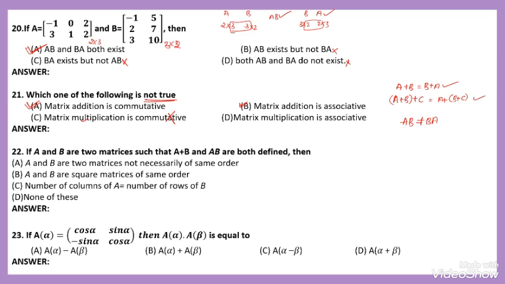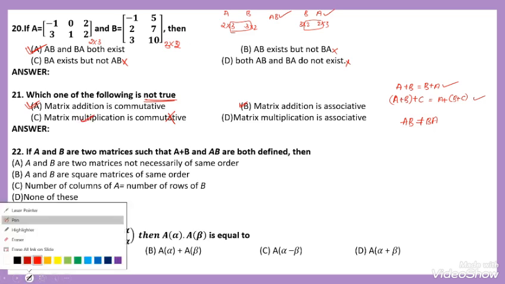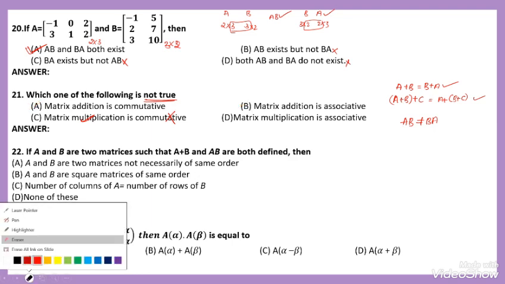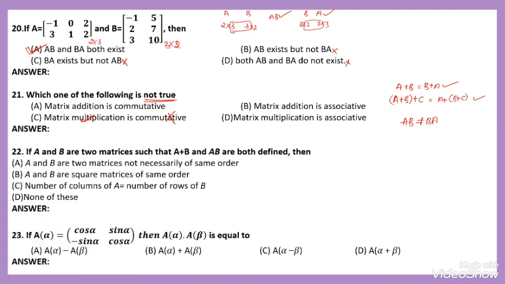They gave a negative statement. Therefore option C is correct. Matrix multiplication is associative. Yes, this is right. Therefore option C must be the right option for this question.